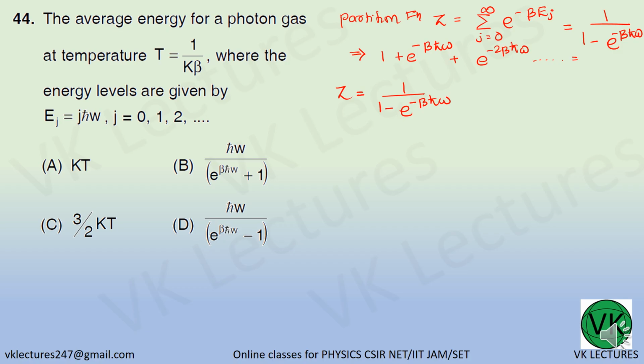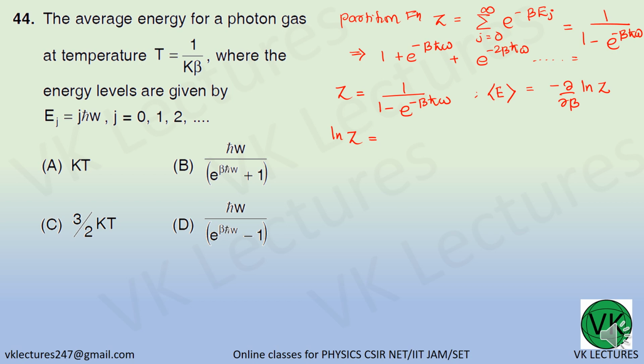Now the average value of the energy. Average energy of the photon is given by minus dou by dou beta of log Z. So now we need to compute the log Z. So log Z is equal to log of this particular value.